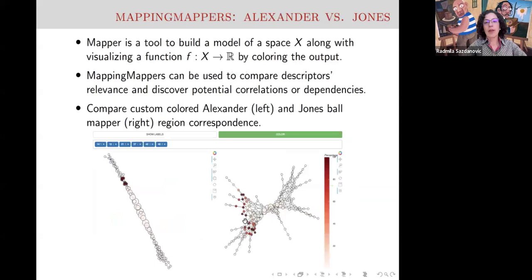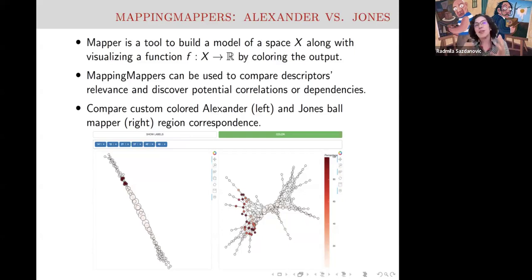The next thing that I want to do is maybe the heart of the talk and one of the most interesting things. An extension that we developed is called mapping mappers. Mapper is a tool that builds a model of a space X with some function on it. So I want to be able to compare these structures, which is kind of equivalent to comparing the descriptors or finding some dependence, or maybe correlations, between these two sets of descriptors.